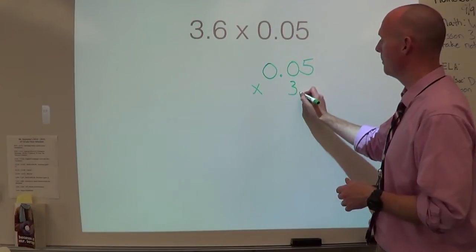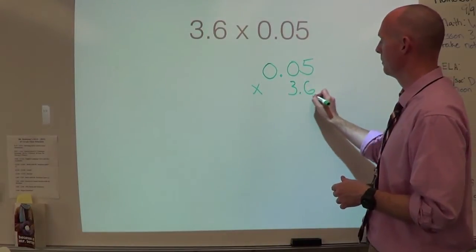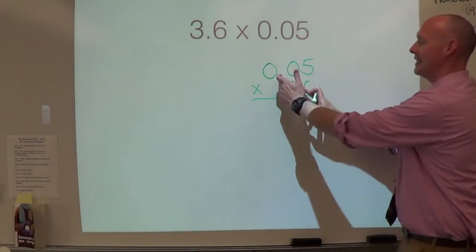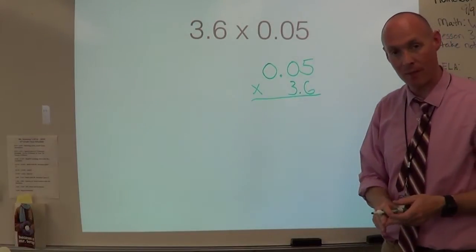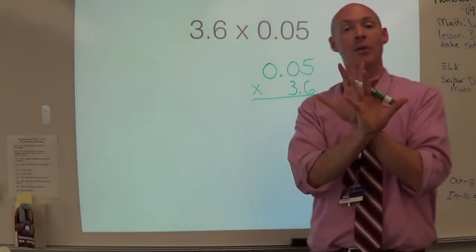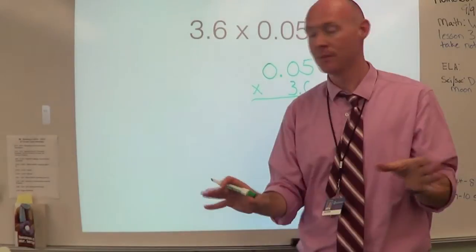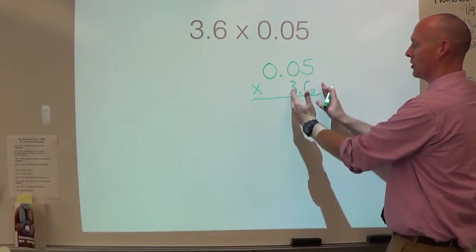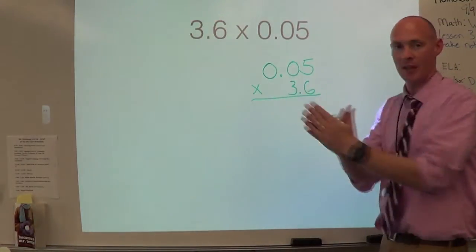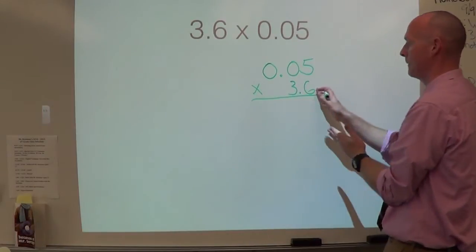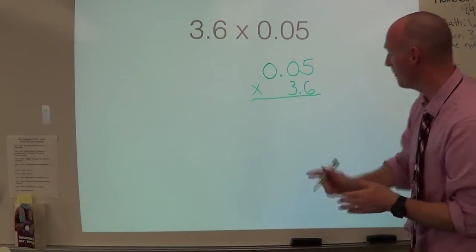Notice where I lined it up. I did not put the decimals on top of each other. When you're dealing with multiplication, you can ignore the decimals, which is why I just lined up the digits like that. Now, let's multiply as normal.